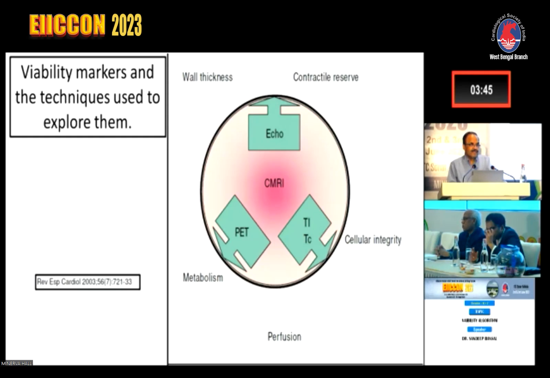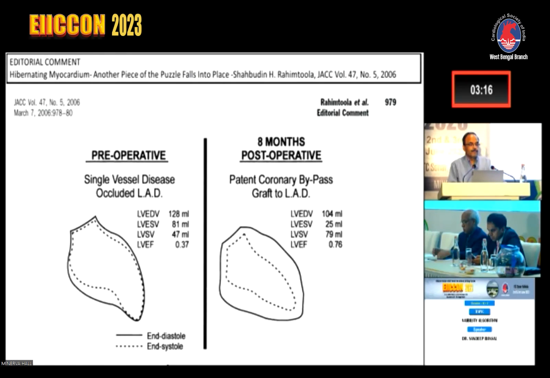And in the center, as you see, is the CMR, or cardiac magnetic resonance imaging. This is in the center because currently it is believed that the best resolution, up to about 1 to 2 millimeter, is given by magnetic resonance imaging. So this is also believed to be one important method of diagnosing a viable myocardium. The concept of viable myocardium is not very new.